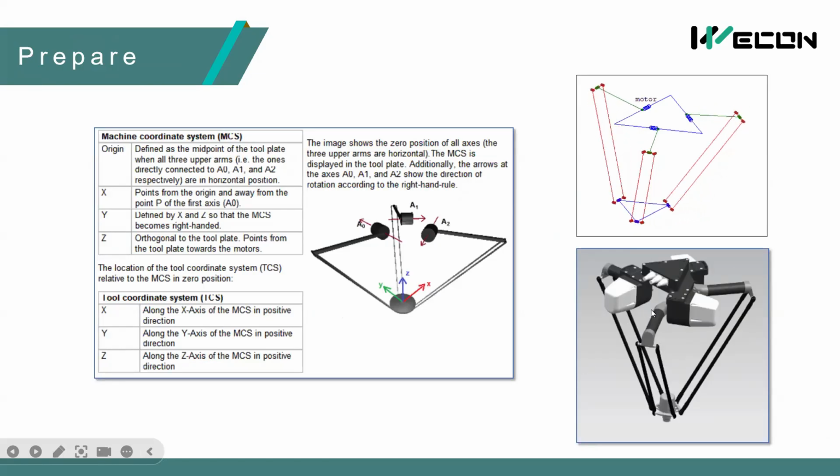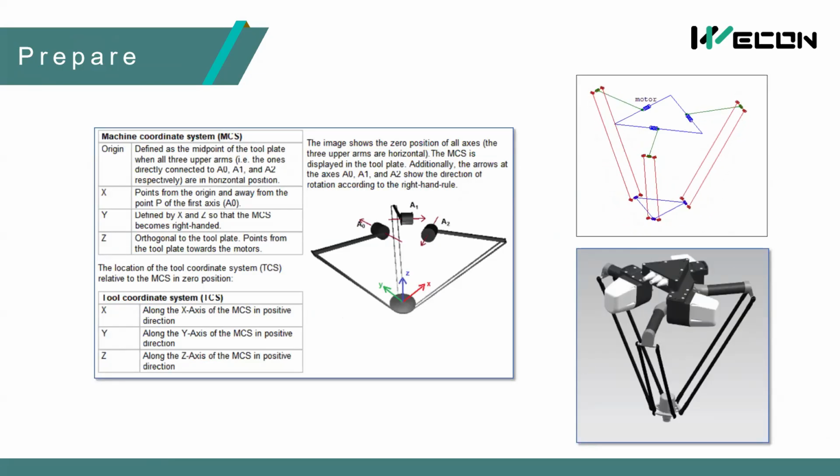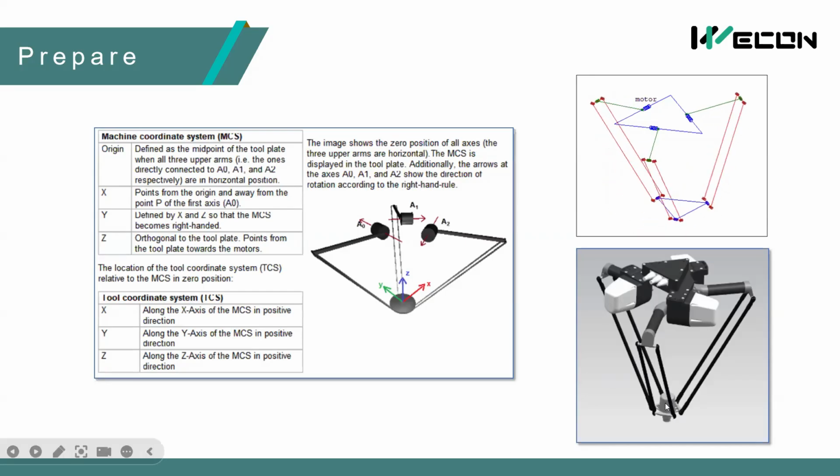It is usually used to catch and place products, maybe from a transfer belt or something else. And in this part, sometimes we put another tool here to catch the product.